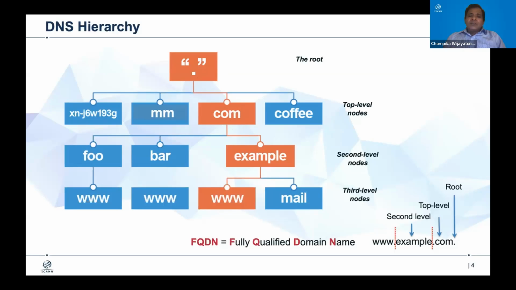I was telling you about generic top-level domains, or gTLDs. So .com is one of those generic top-level domains. And .coffee is a new generic top-level domain, which was delegated during the last 10 years. And then we have .mm, which is the country code top-level domain for Myanmar.